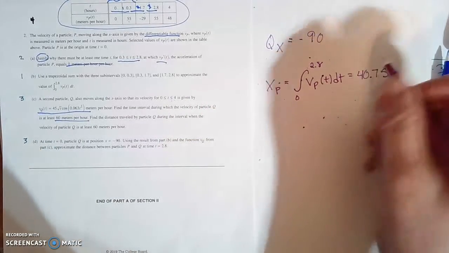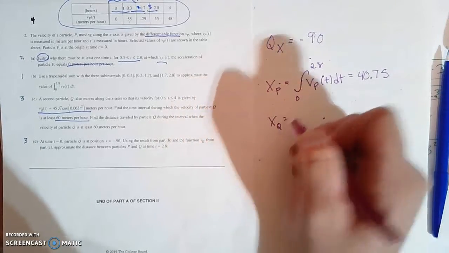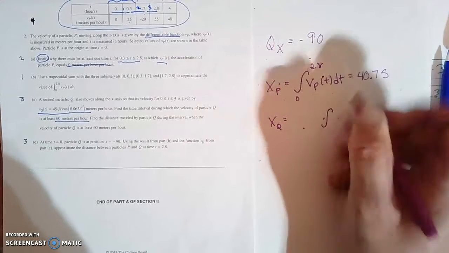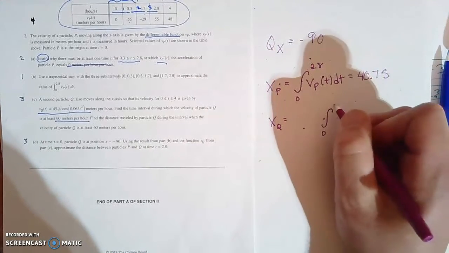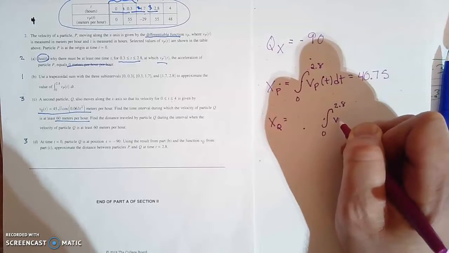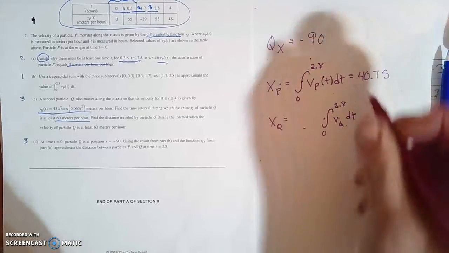And then to find x of Q, that's going to be equal to the integral from 0 to 2.8 of v sub Q. So that's how far it went.